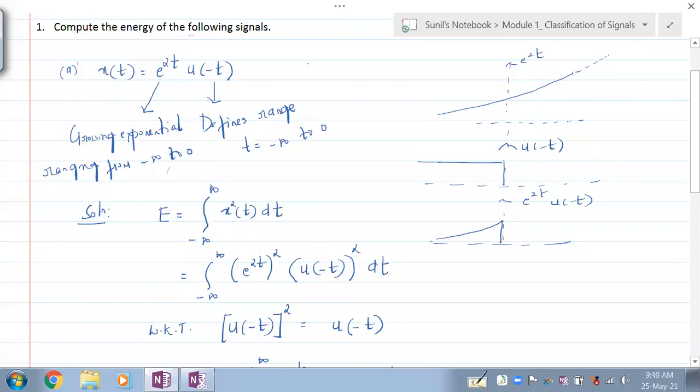This would be 0. So this will not be infinite. So seeing just u of minus t, you can say it is infinite range, but you should see what is actually the signal. The signal is this, which is tapering towards minus infinity. As you go towards minus infinity, it would be 0. Understand that? So just by seeing this, we cannot say whether it is finite or infinite.